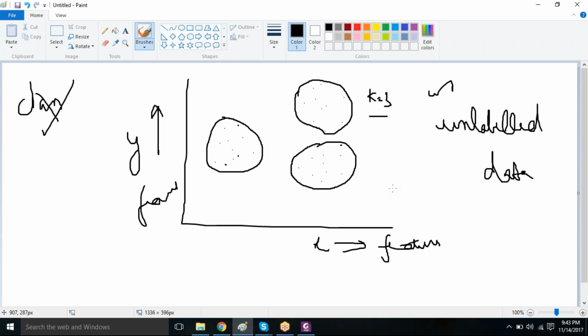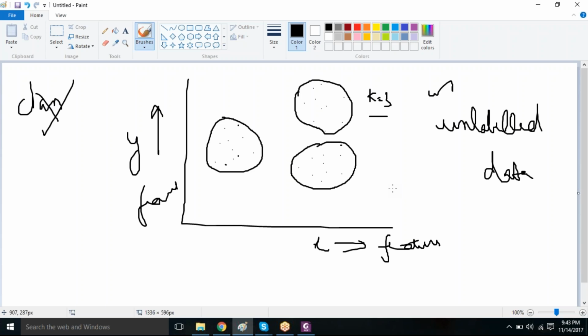So in unlabeled data where you don't know the class, you can perform a clustering algorithm to find the groups. And that is the prime motive of K-means. In K-means, the whole objective is to find the groups.